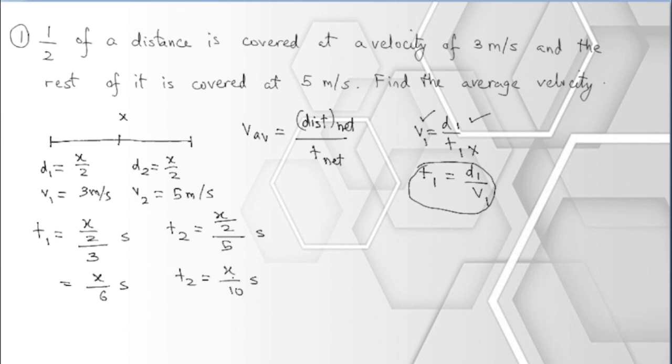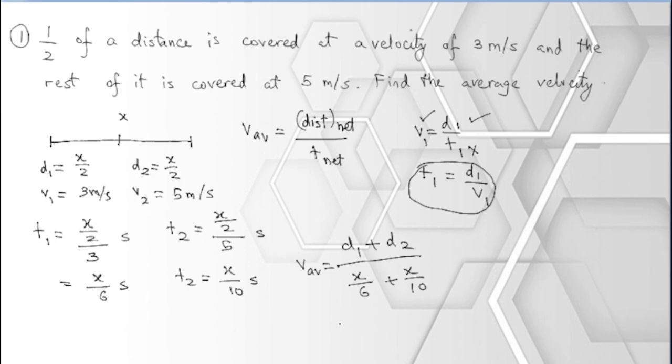Now for total distance, what we have is d1 plus d2, and then the total time. So total time is x by 6 plus x by 10, and both d1 and d2 are equal to x by 2.